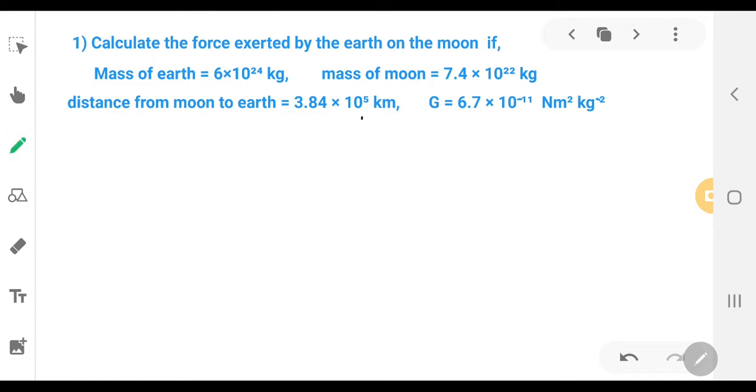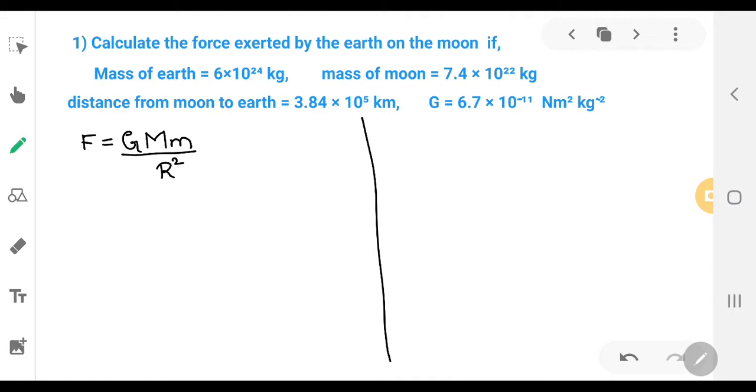So this formula is based on Newton's law of gravitation, Newton's law of gravitational force. So what all are given? We are asked to calculate the force between the two objects. The force between the two objects is equal to the gravitational constant into the mass of one object into the mass of the second object divided by the square of the distance between the two objects.